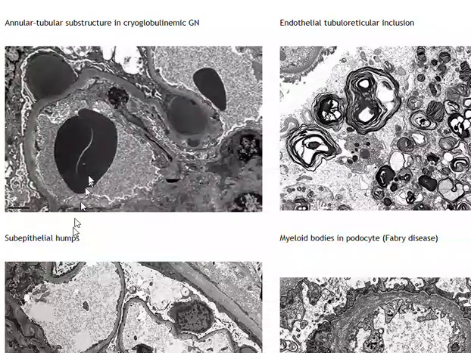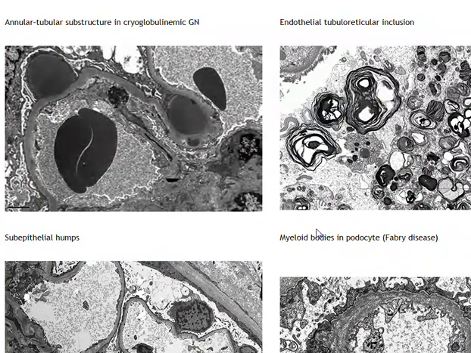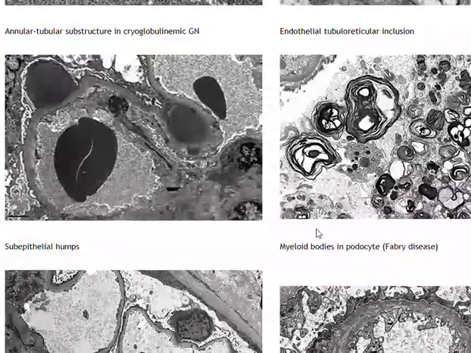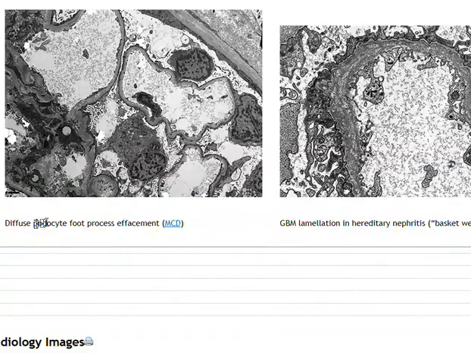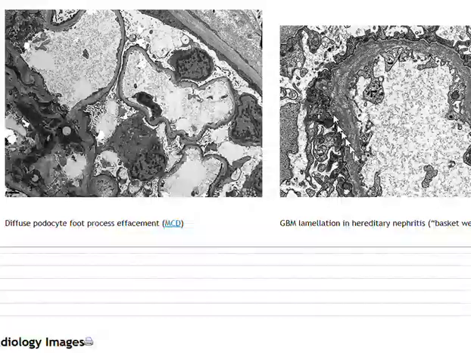And then subepithelial humps are these, and then myeloid bodies in podocytes in Fabry disease, so-called thumbprinting, or maybe zebra bodies as well. And then diffuse podocyte foot process effacement, usually in minimal change disease. And then this is GBM lamellation in hereditary nephritis with basket weaving here.